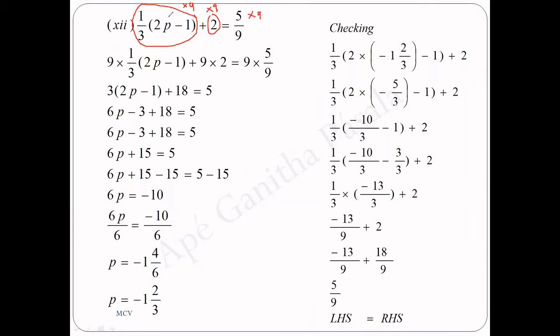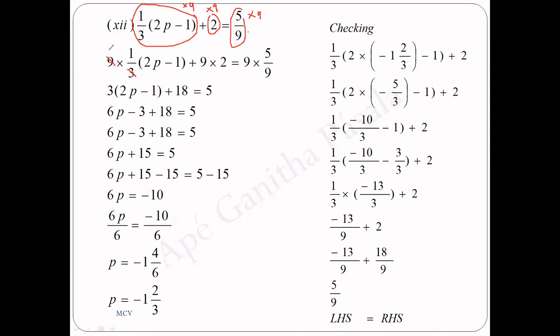Therefore, I will multiply this term and this term by 9, all the three terms by 9. If I multiply this part by 9, then I can cancel out this denominator 3. If there are denominators, it's difficult to calculate. So I will remove that.